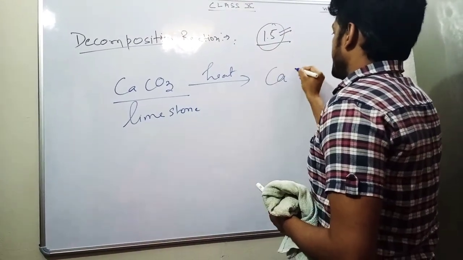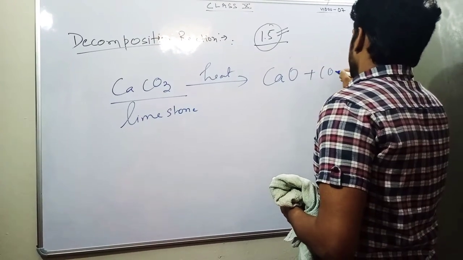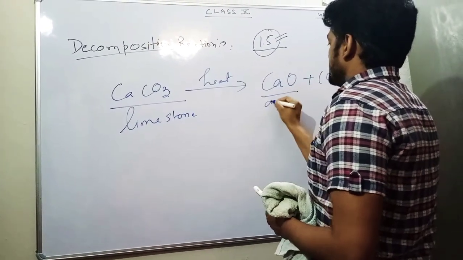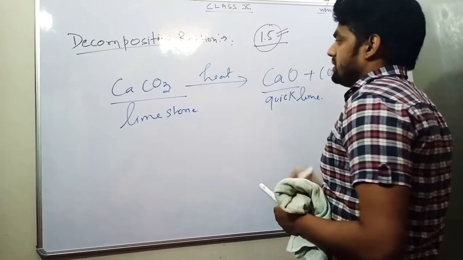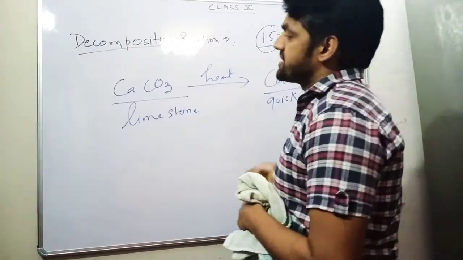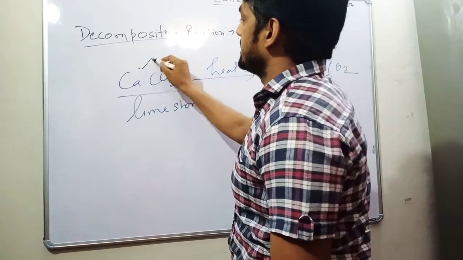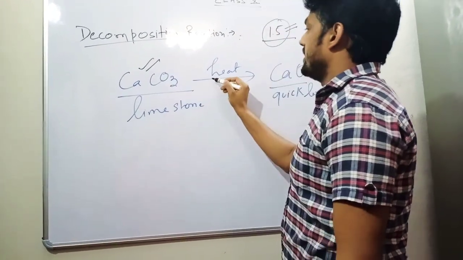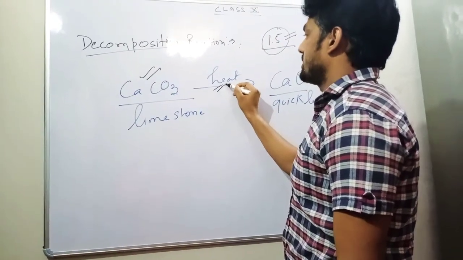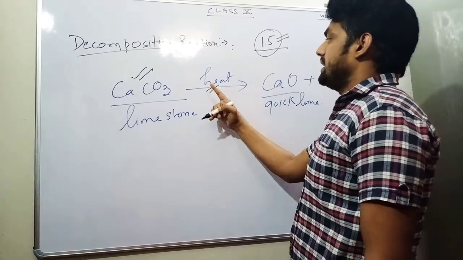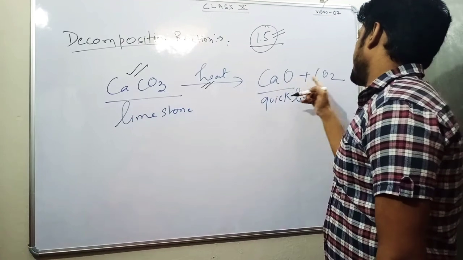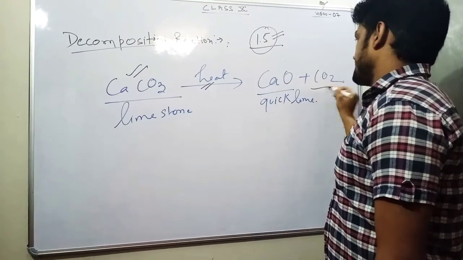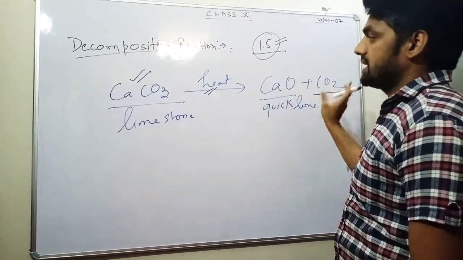Again it will split into CaO, that is quicklime, and CO2. Here a single substance splits when heat is supplied, and it breaks down into calcium oxide and carbon dioxide gas. Two different substances are formed.